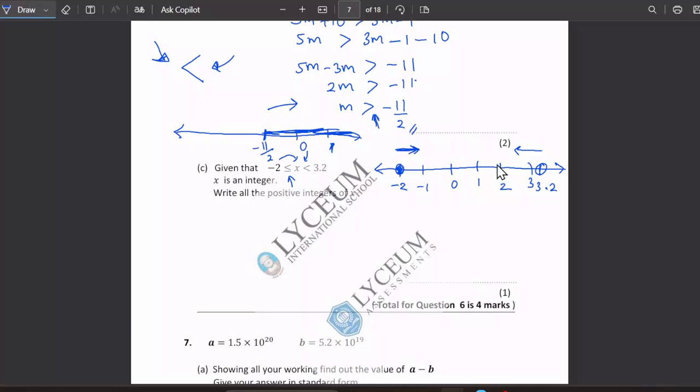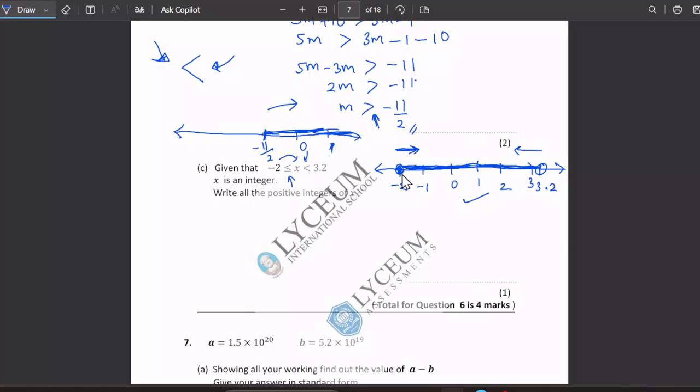So now you can see both the inequalities color the range in between.